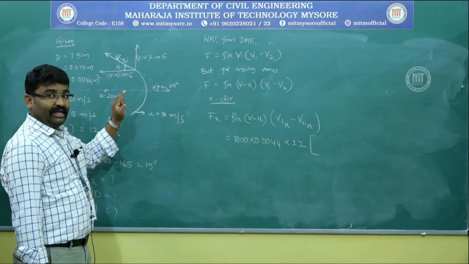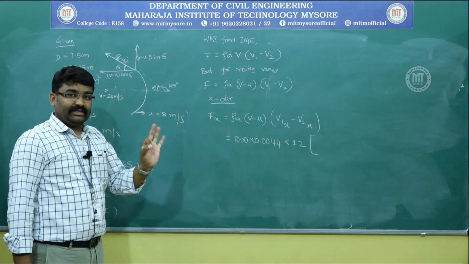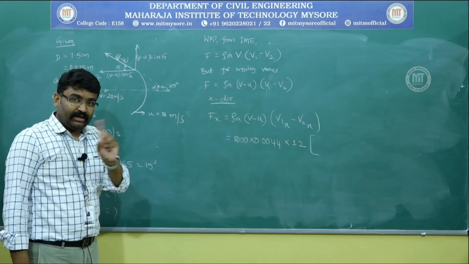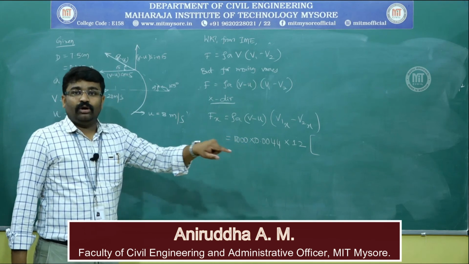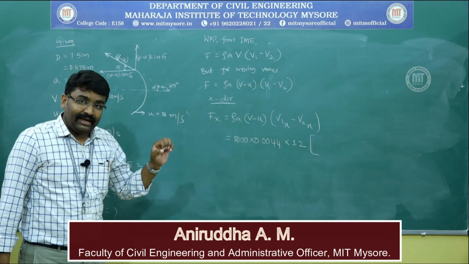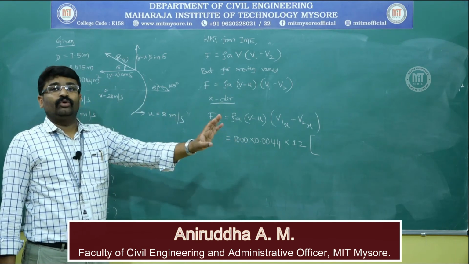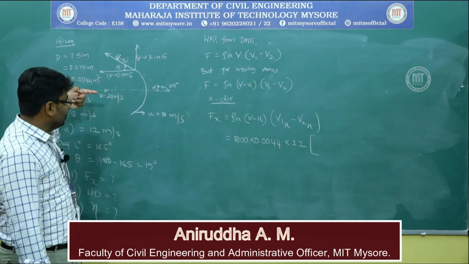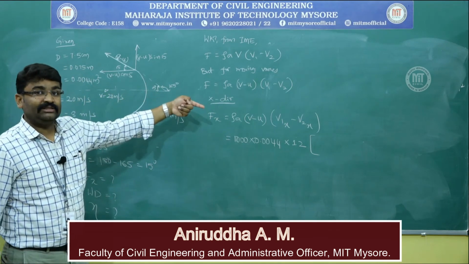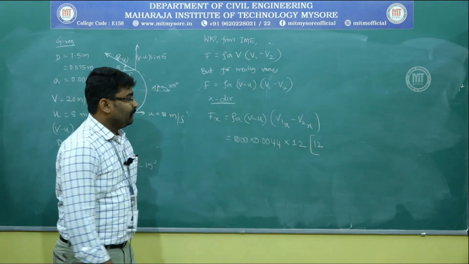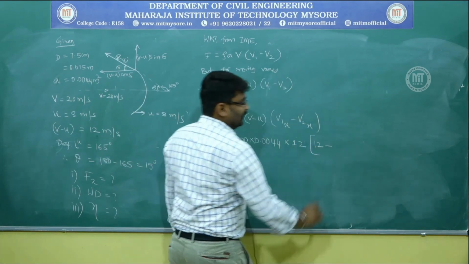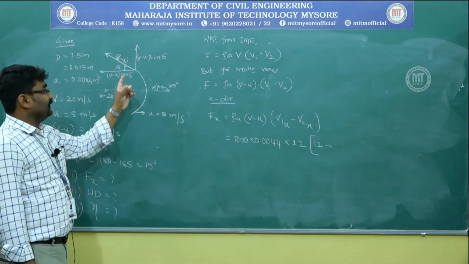So initial velocity in x direction. What is the initial velocity? It is not V, it is not the absolute velocity, because the vane is already in motion. So the velocity you would be taking is V minus U. So initial velocity in x direction is this V minus U. What is V minus U? V minus U is 12 minus V2, which is final velocity in x direction.